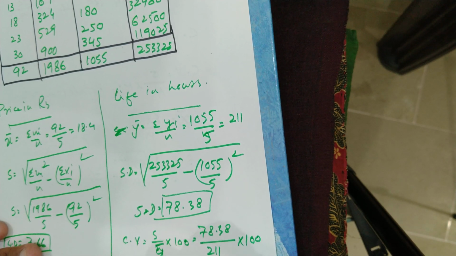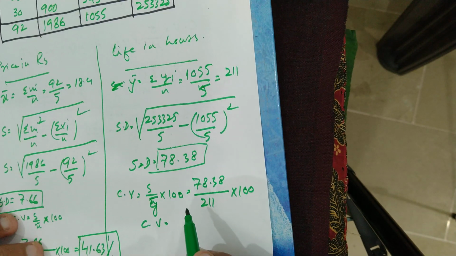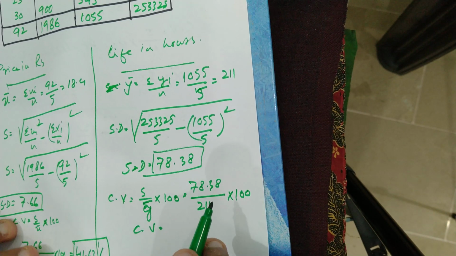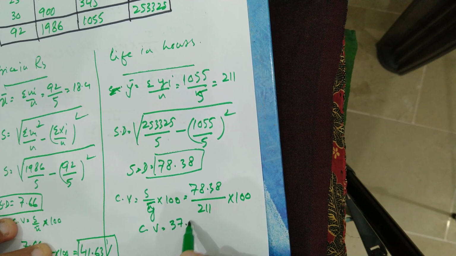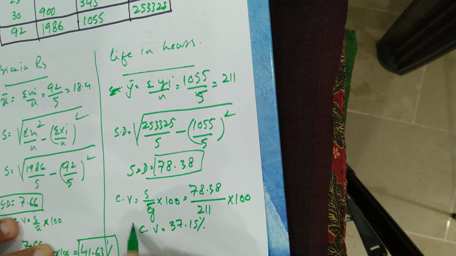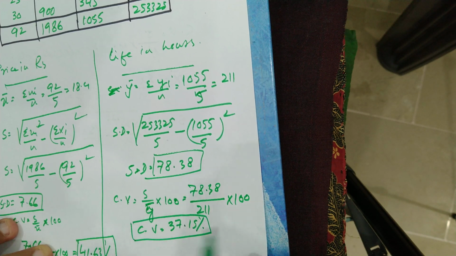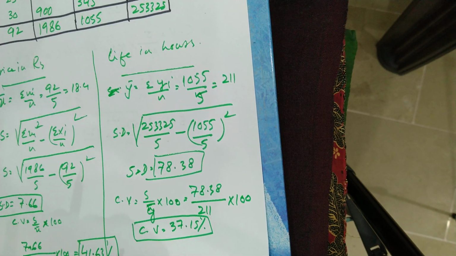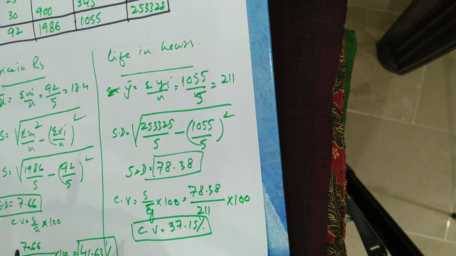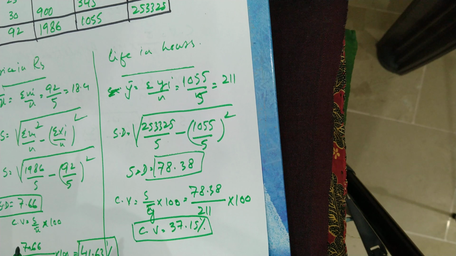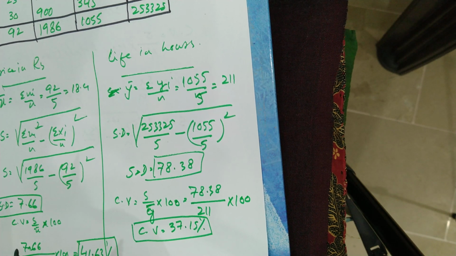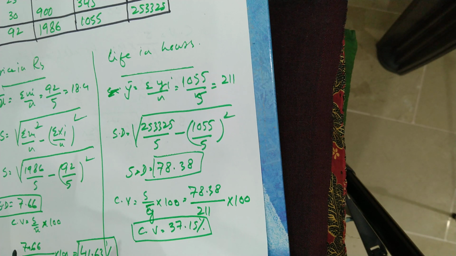After all the calculation, the coefficient of variation for life in hours is 37.15%. Now we can see the coefficient of variation for the price of commodities x is higher than for life in hours y.